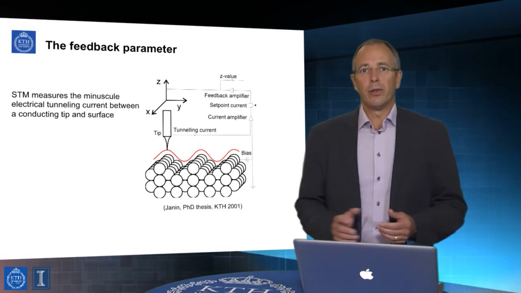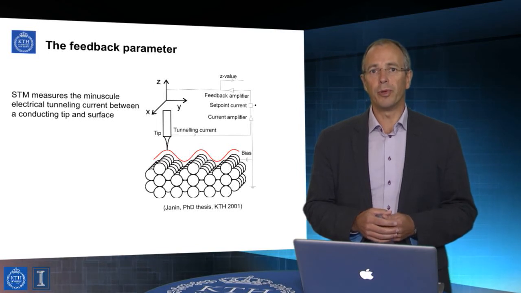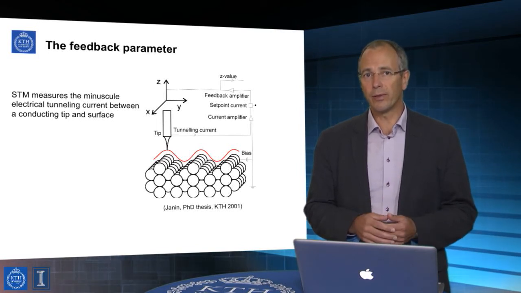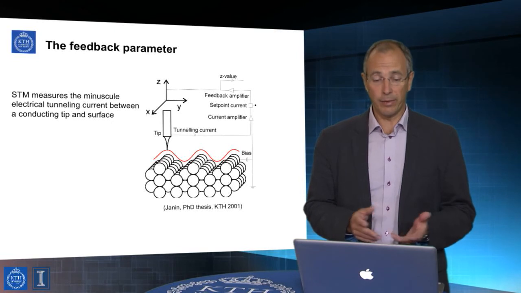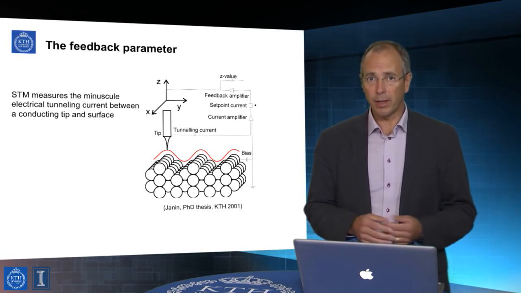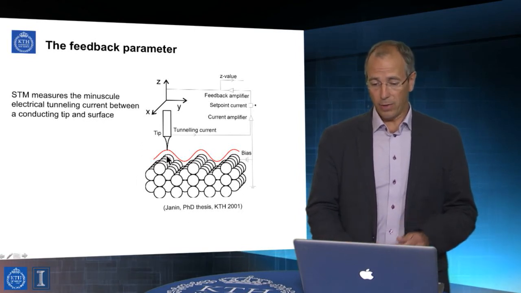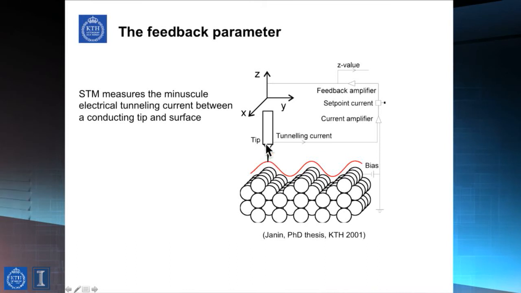So the other thing we need to do is have some sort of measure of the probe surface interaction. In the case of the scanning tunneling microscope, that is of course the tunneling current between a conducting probe and the surface of interest. So this sharp tip is scanned over the surface in some way.